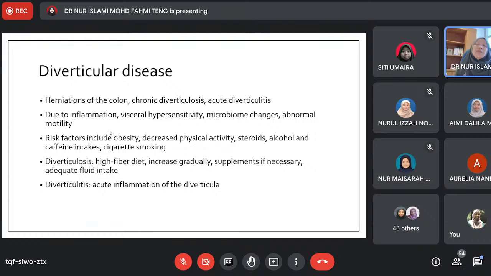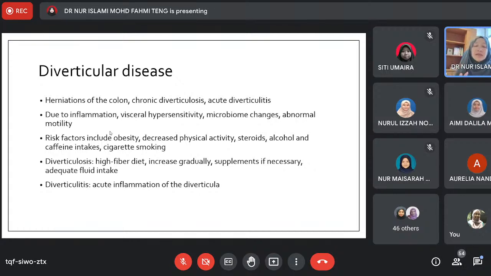Okay. Next, we move to the diverticular disease. So diverticular disease is the herniation of the colon, chronic diverticulosis, and also acute diverticulitis. So it is due to inflammation, visceral hypersensitivity, microbiome changes, and also abdominal motility. And historically associated with low fiber intake, history of constipation, and also increase of chronic pressure.